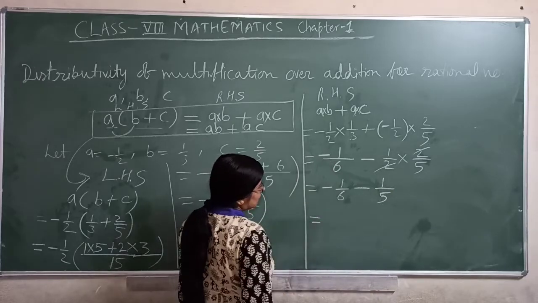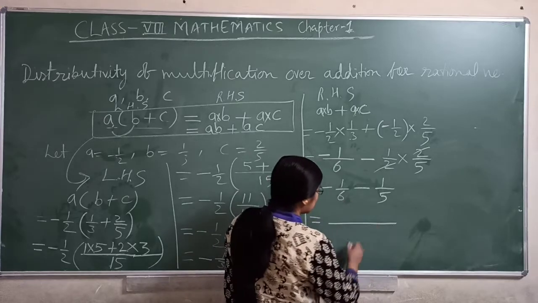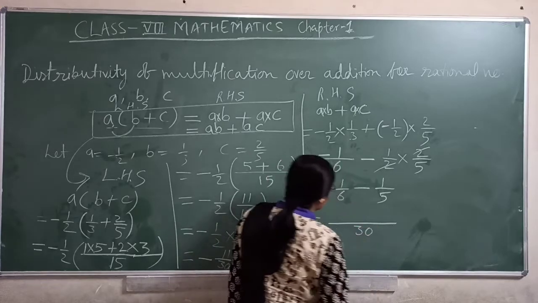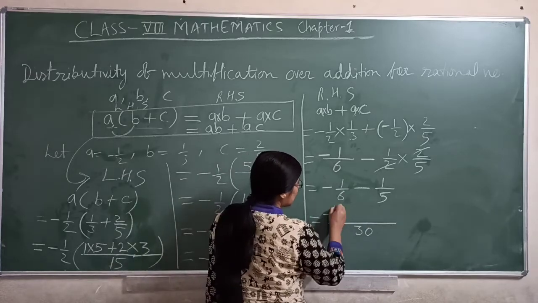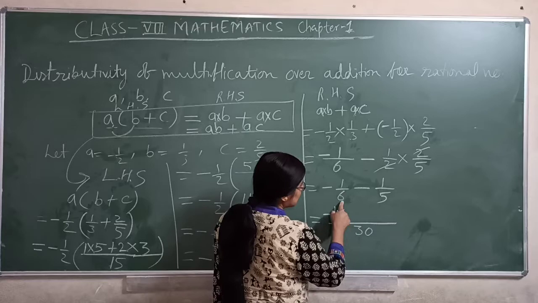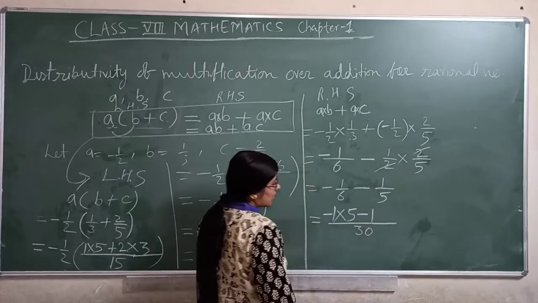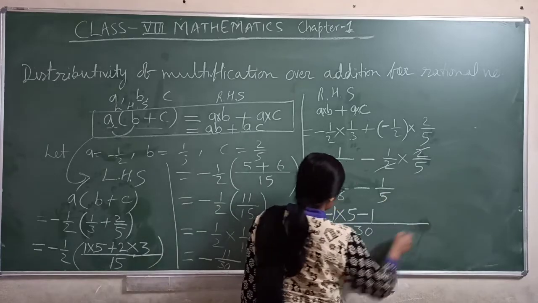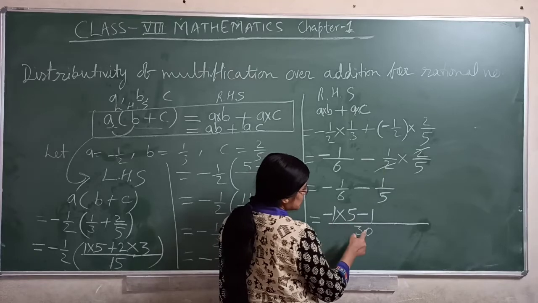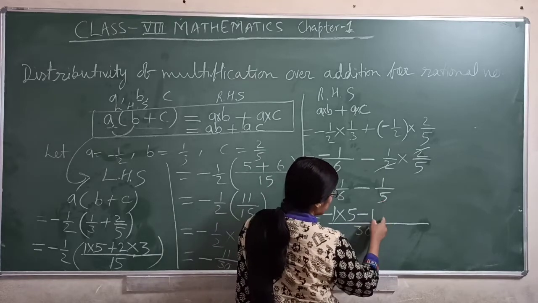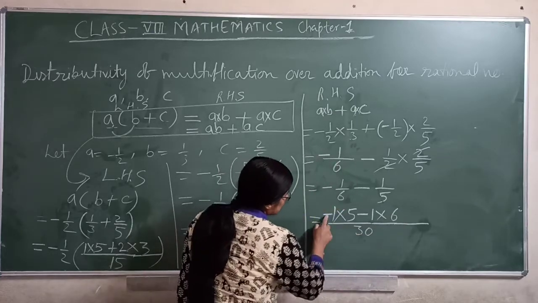Both are negative. We will take the LCM. 6 and 5 both are co-prime numbers. 6 times 5 is 30, so the LCM will be the multiple of these two. Minus 1 already you have into 30 divided by 6, that is 5 here. Minus 1 already you have, 30 divided by 5, that is 6 here.